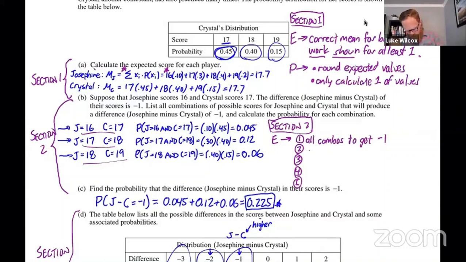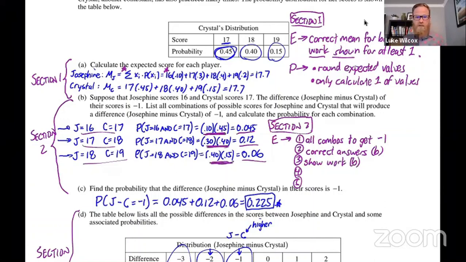Component 2 is that you have to have the correct answers for part B. And there were 3 answers for part B, this one, and this one. So that's component 2. Component 3 is that you have to show your work for part B. Well, showing the work is showing this multiplication that's happening here and here and here.